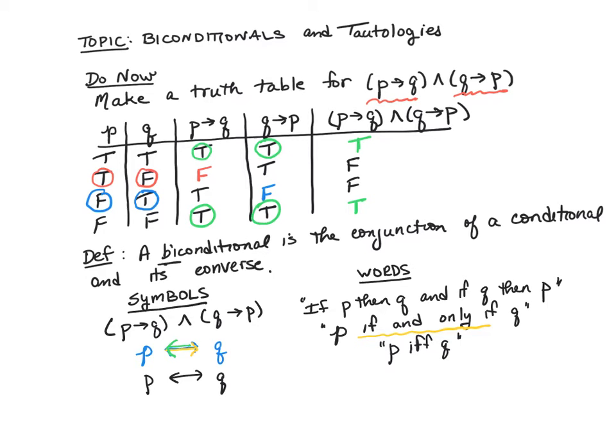Now, in the do now, we've just proven a theorem. So here I could extend this and write P if and only if Q. These two are the same. They are equivalent. So I'll just recopy the truth table. True, true, false, false.